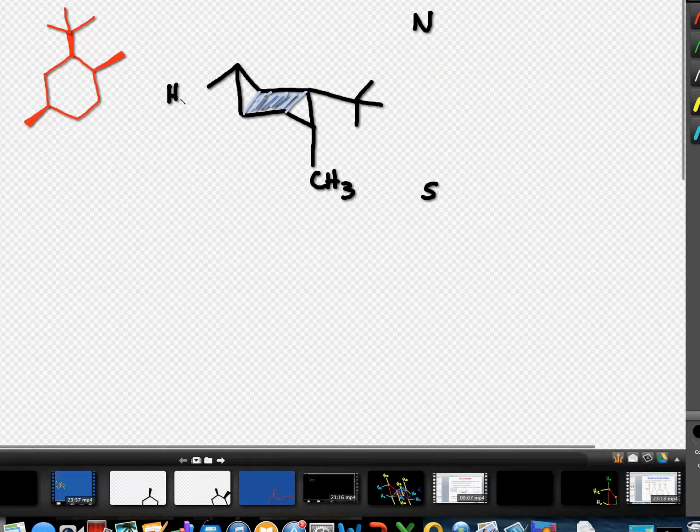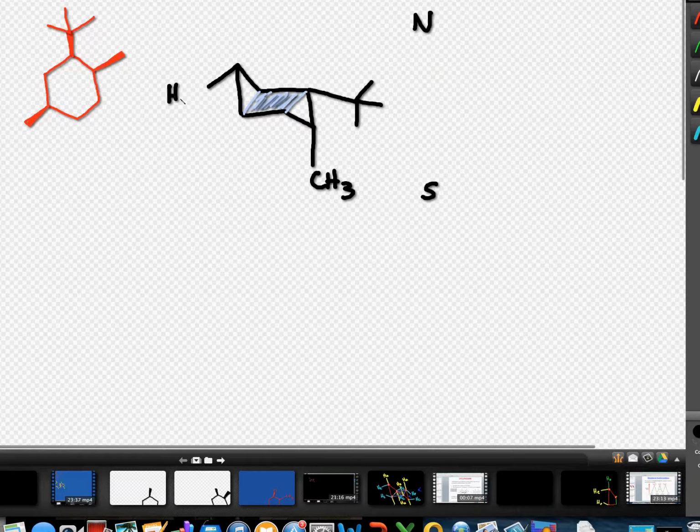Okay, so T-butyl group. Again, if we call this carbon 1, 2, 3, 4, 5, and 6.